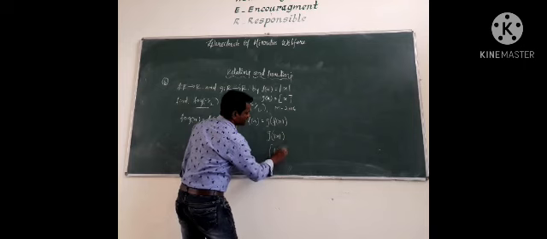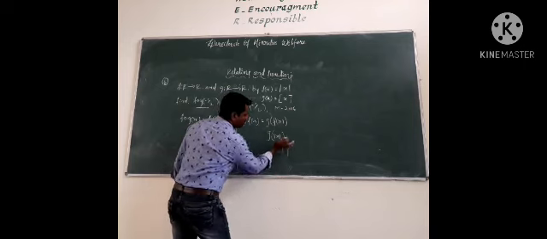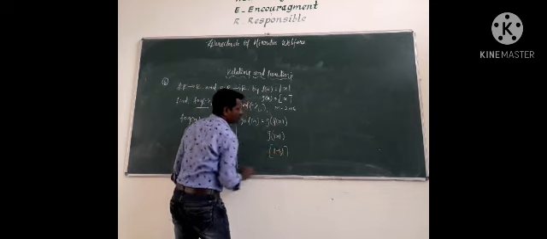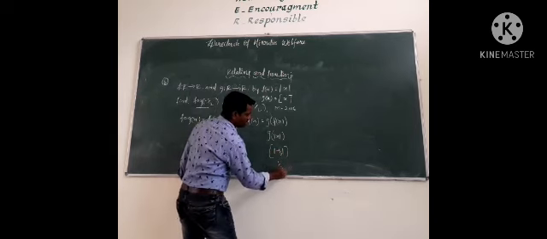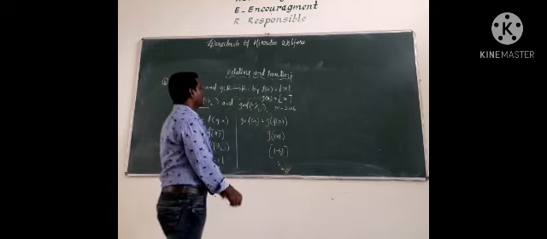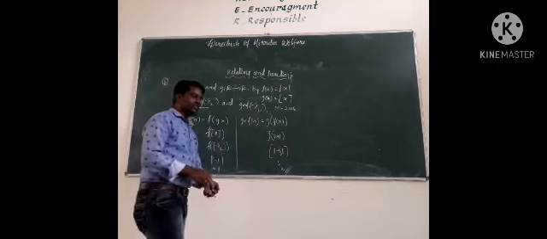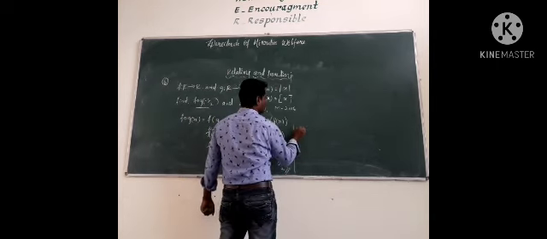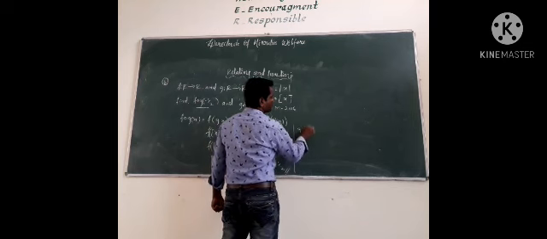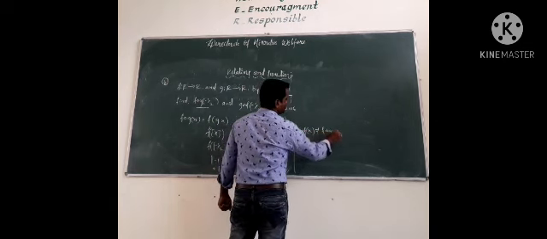Modulus x, here we have x value minus 1 by 2. Modulus of minus 1 by 2 is 1 by 2. Okay, that is g o f of x, 1 is not equal to 1 by 2. That means g o f of x is not equal to f o g of x.